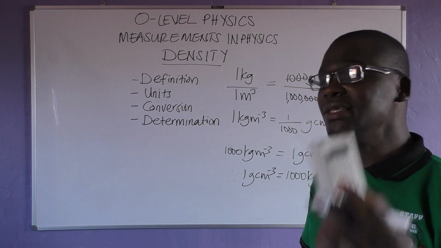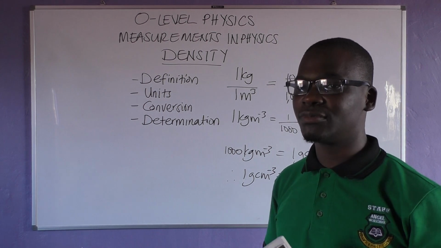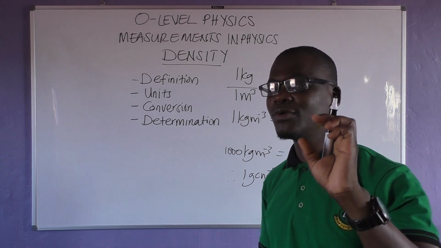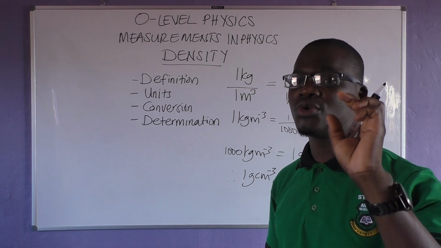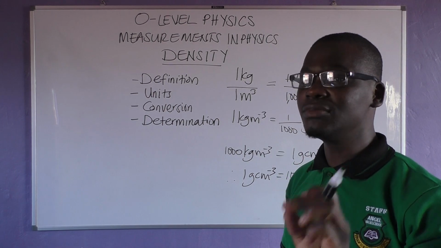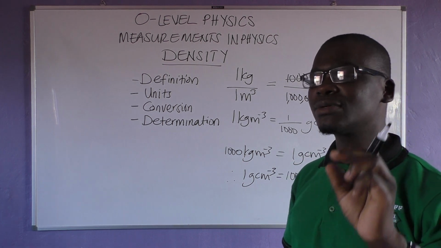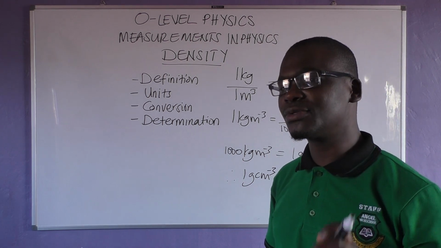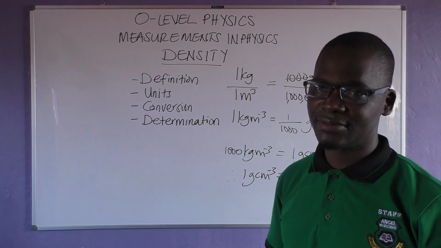And remember, density is derived from mass and volume. The mass of a solid is gotten by measuring using a beam balance.